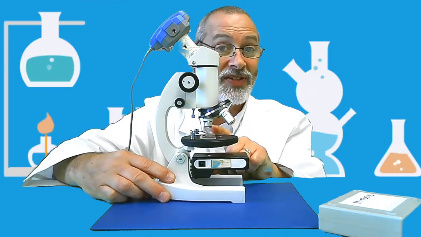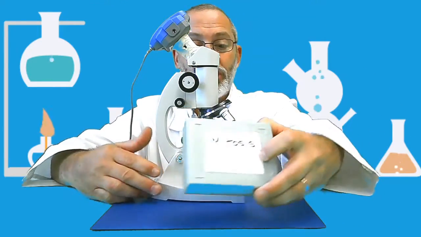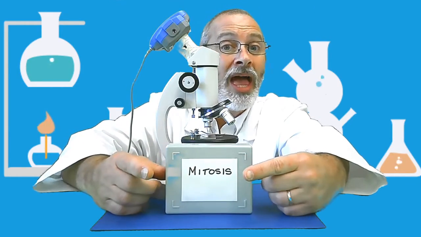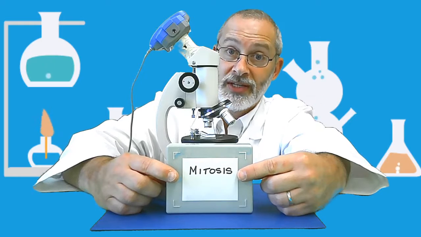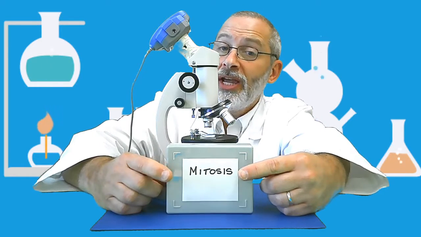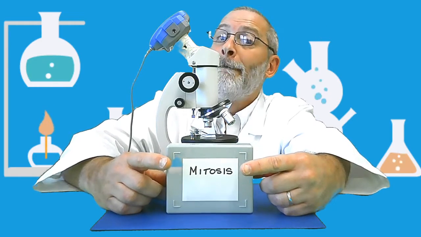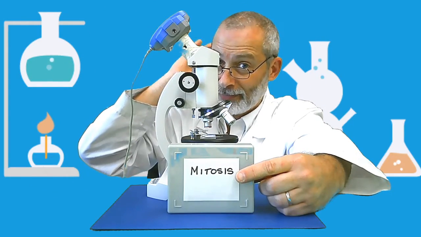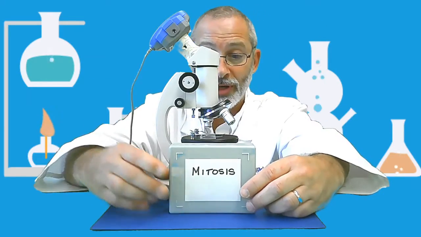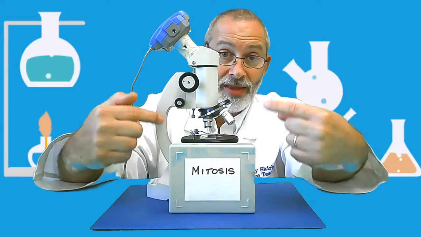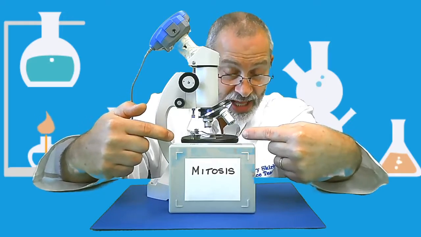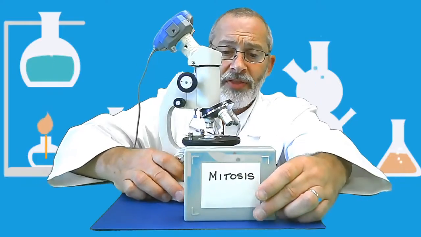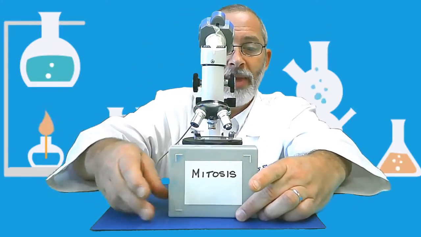I've also placed a slide here, which is a number of plant cells undergoing mitosis. And raise your hand if you can tell me what is mitosis. Nuclear division. Very good. So there is a specimen on this slide, which we're going to look at together here in a moment, that the cells are from a plant.